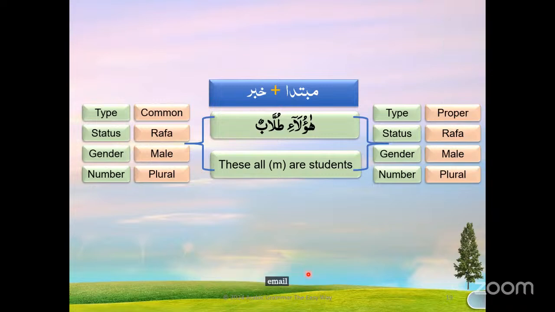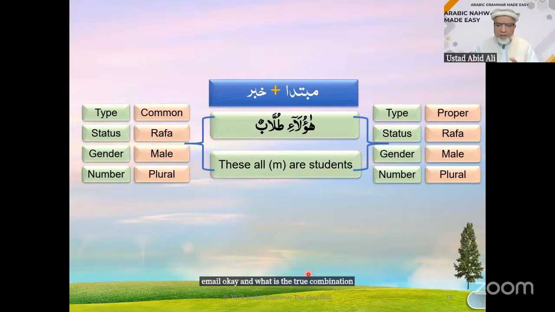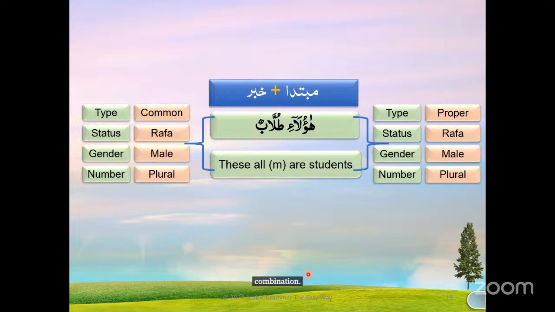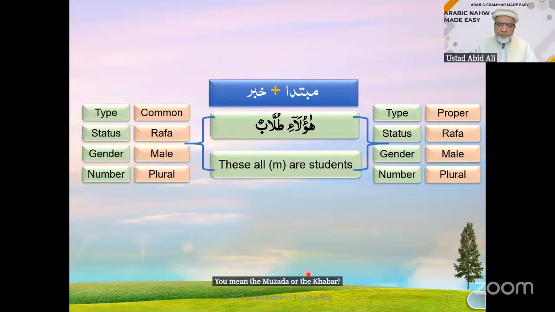And what is the true combination between the type and status? It is a proper and common combination. So the subject is proper, but will the khabar be common all the time, or sometimes proper?